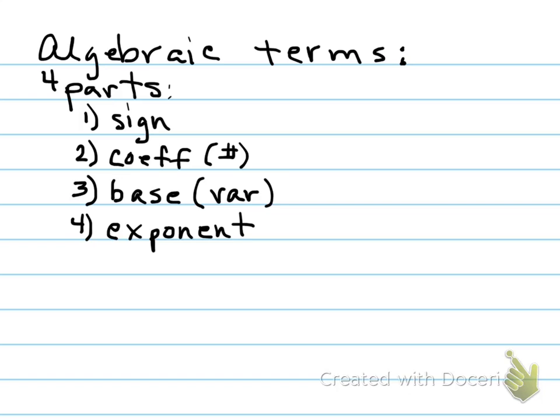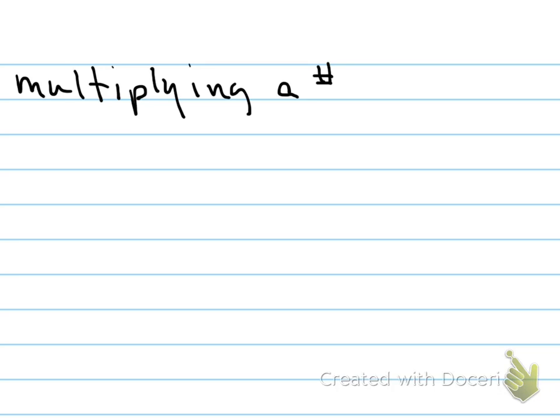So we know that each term has 4 parts. What we're going to do today is begin our look at some of the operations. Okay? And specifically, we're going to talk about multiplying a number term times a variable term.